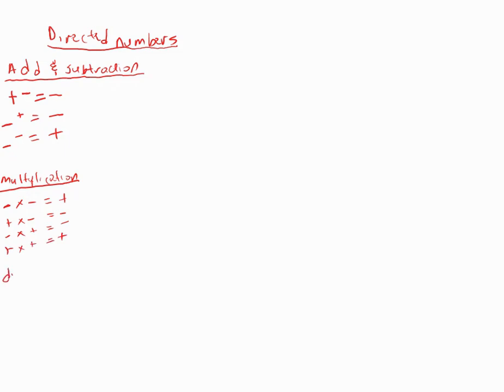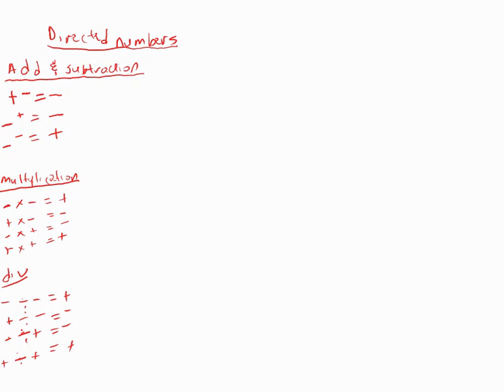And under division, I want you to know negative divided by negative equals to positive, and positive divided by negative equals to negative, and negative divided by positive equals to negative, and positive divided by positive equals to positive.